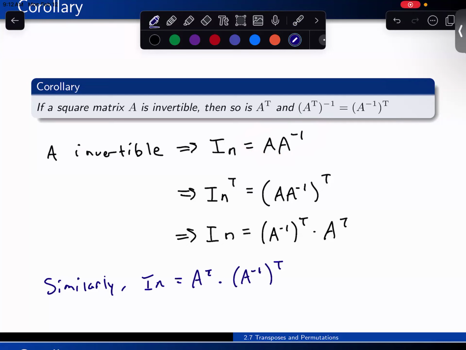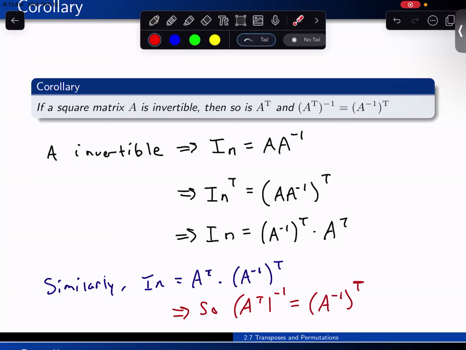And so what this implies is that the inverse of A transposed is A inverse transposed. So this implies that the transpose of A inverse is equal to the inverse of A transposed.